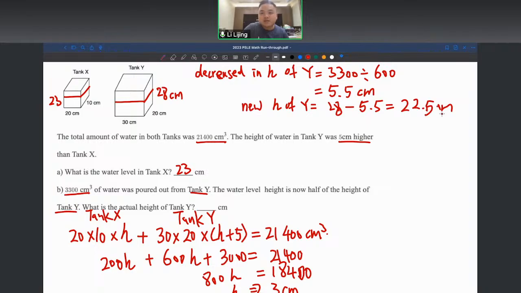Since the question tells you that now the water level height is half of the original height of tank Y, and I want to find the actual height, you just need to times 2. The actual height is 22.5 times 2, which equals 45 cm.